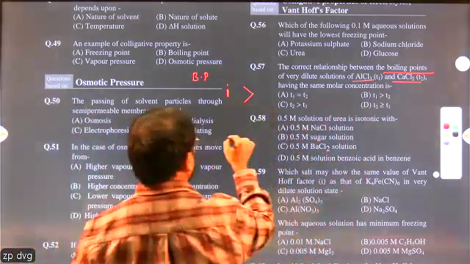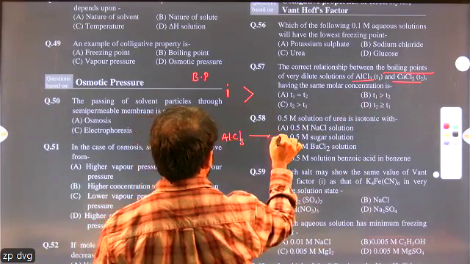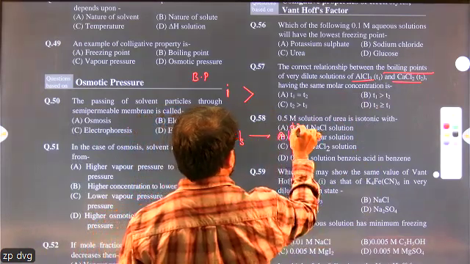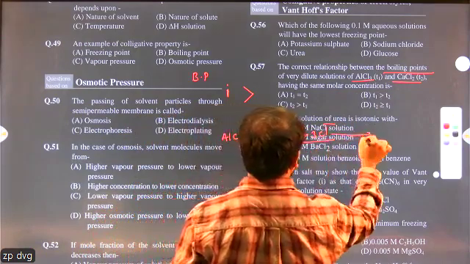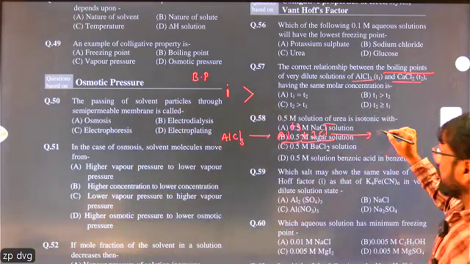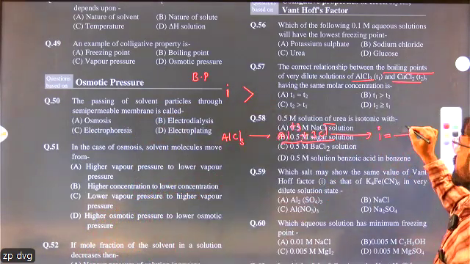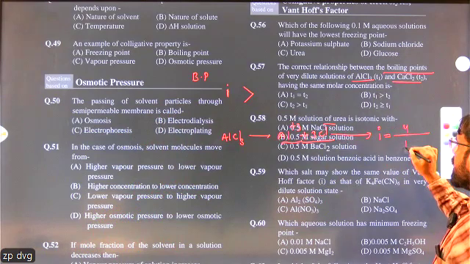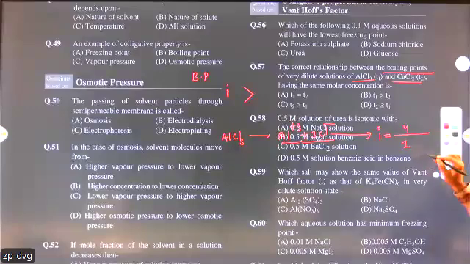In case of AlCl3, it dissociates into Al3+ and 3Cl- ions. What is the actual Van't Hoff factor definition? Number of particles after the dissociation divided by the number of particles before the dissociation. That is the Van't Hoff factor i.